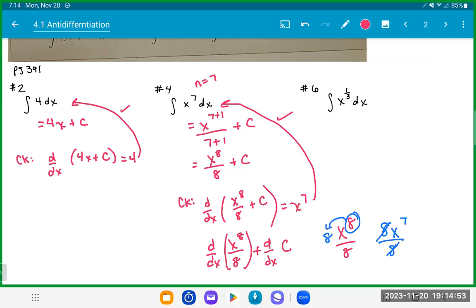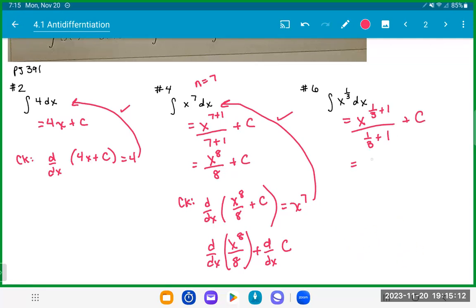All right. And so for this last one here, we have x to the 1/3 plus 1 over 1/3 plus 1 plus c. So we end up, I'm going to have to erase this work. Sorry. We have x to the 4/3 over 4/3. Let's not forget the c.